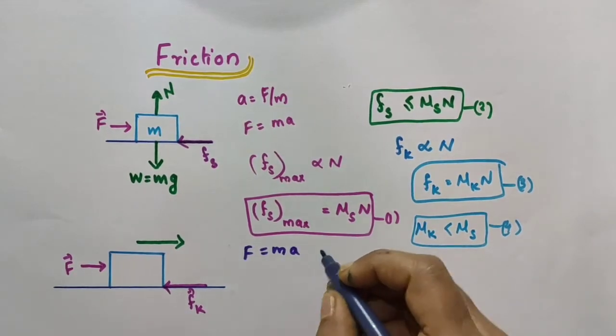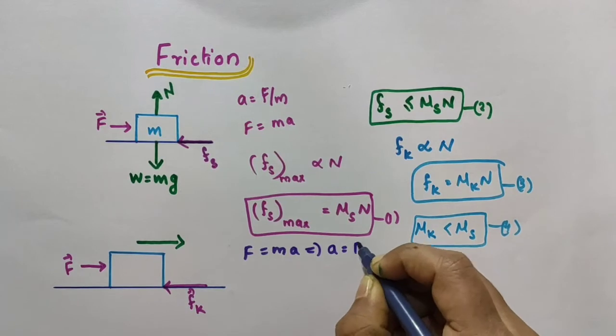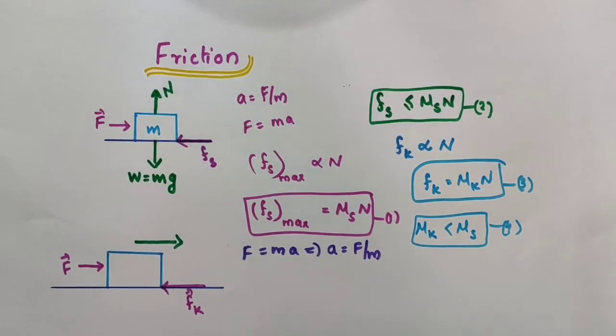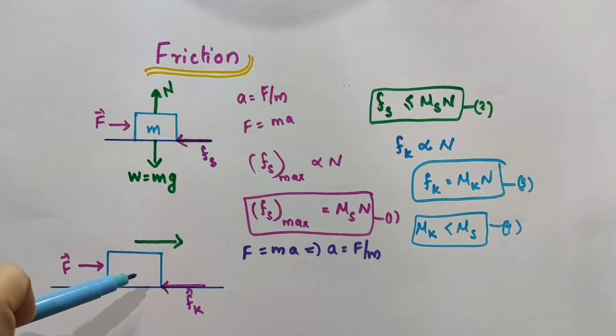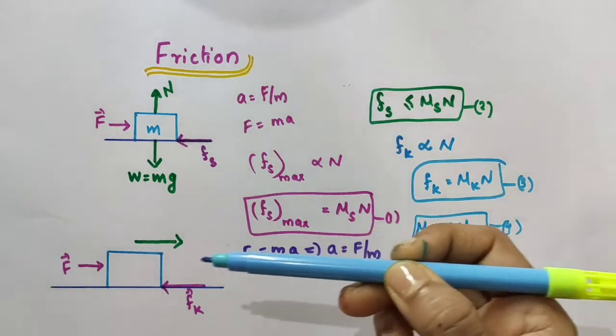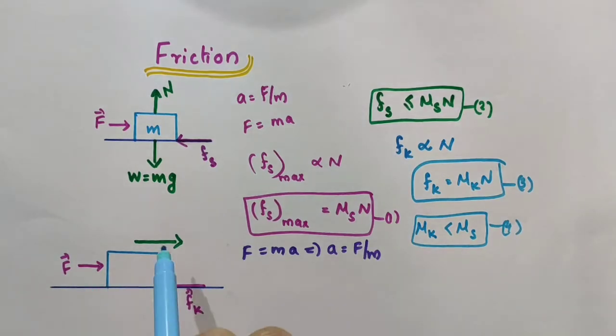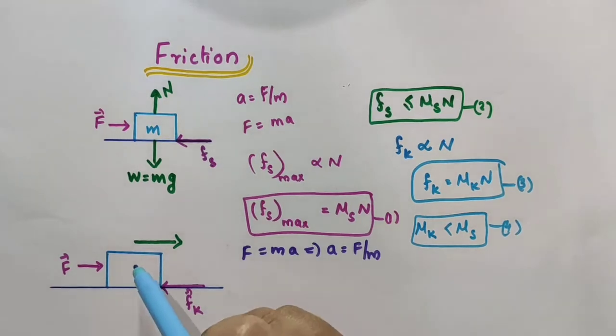Then we can write the acceleration as a equals F divided by m, where F is the net external force acting on that body. You see this body: there is an external force F acting along this direction, and a kinetic frictional force acting in the opposite direction, but still the body moves along this direction. That means this force is greater than this force. So what about the net force acting on this body?